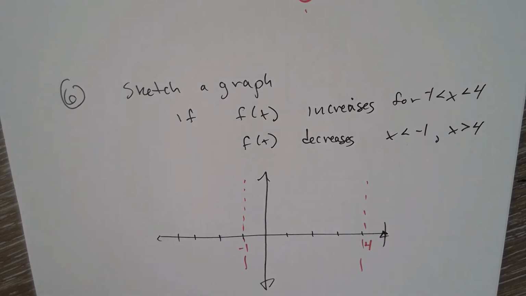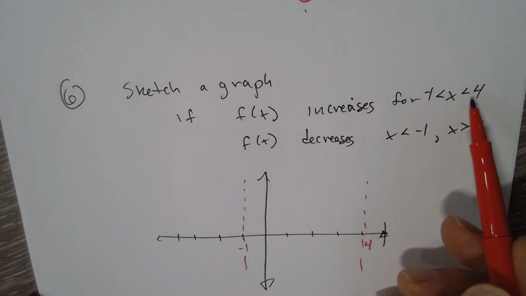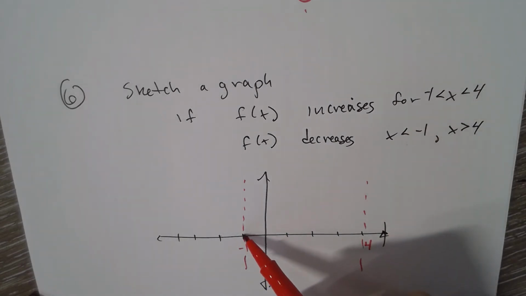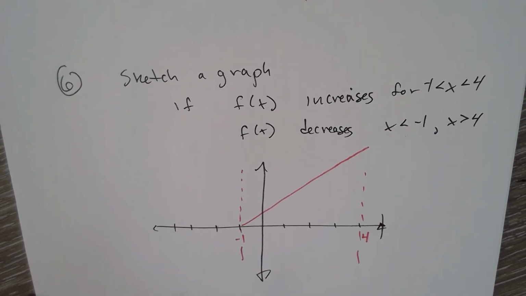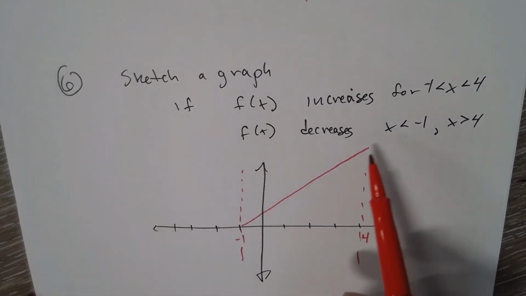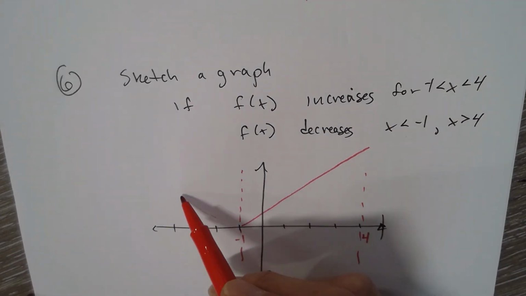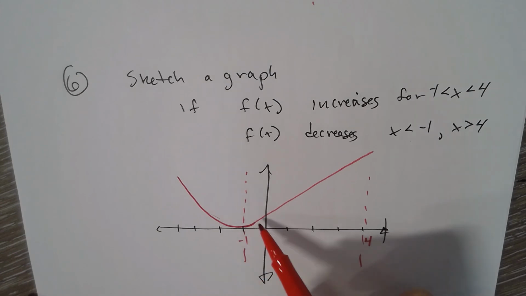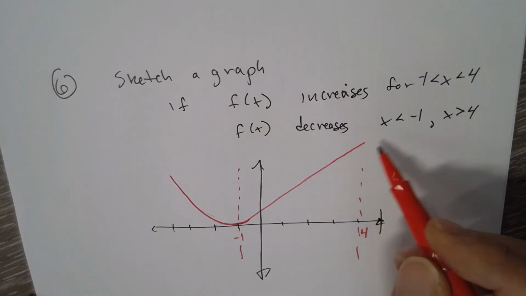Alright, so it says it increases between -1 and 4. So I'm going to start by just drawing any kind of shape that increases from -1 to 4. But then it decreases until it gets to -1. So it's going to decrease, it's going down until it gets to -1. Then it goes up until it gets to 4, and then after 4 it decreases again.